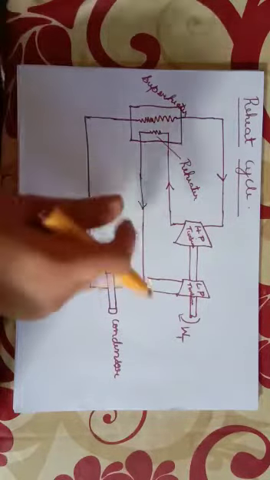The equation will be QA is equal to H1 minus H6 plus H3 minus H2. This is H1 minus H6, and this is H3 minus H2.